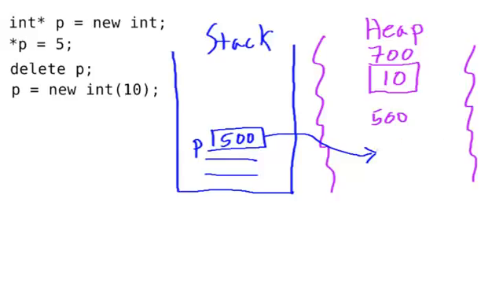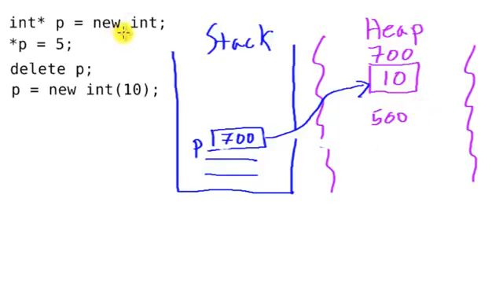So let me go in and update the address here. So we have the address 700. And so we'll have our pointer now pointing to that new memory location. So we'll have this now pointing here. So that's basically what's going on.